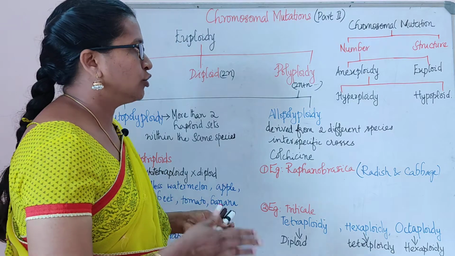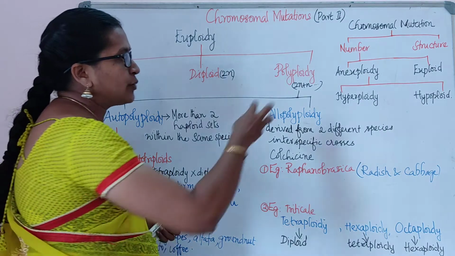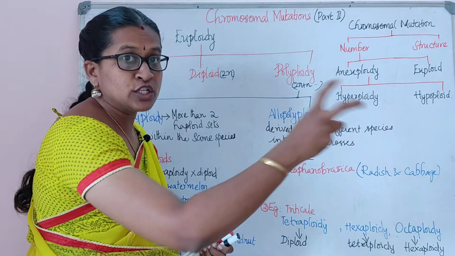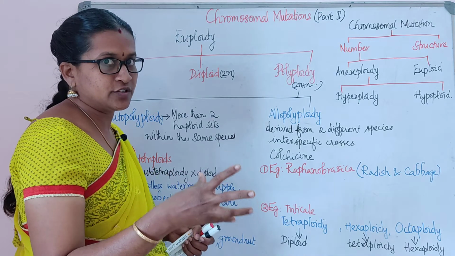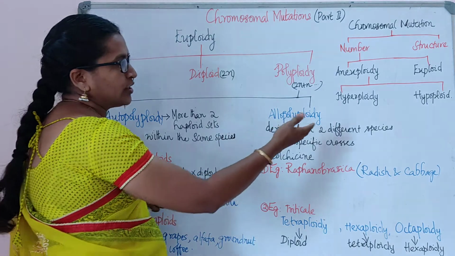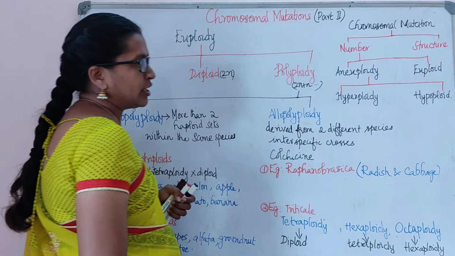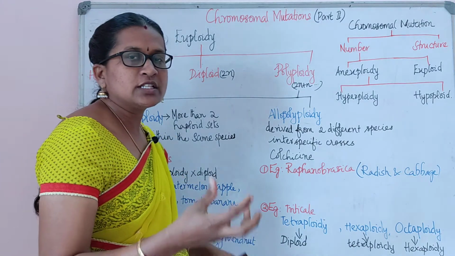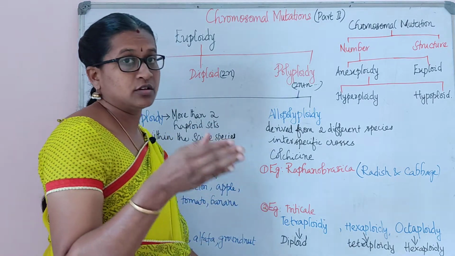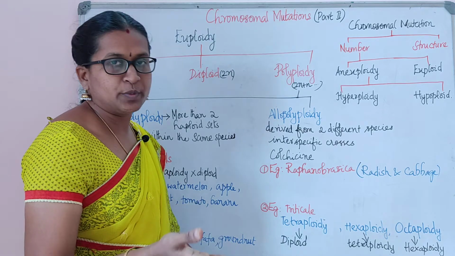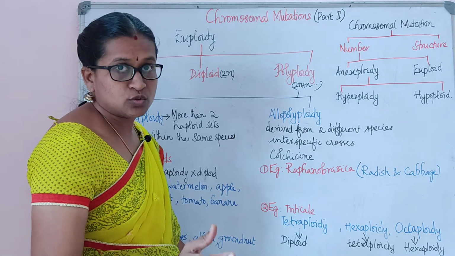So what is euploidy? In aneuploidy we used to say trisomy. You should get the difference with that, okay? Aneuploidy is divided into hyper and hypoploidy, where we used to say trisomy, monosomy, tetrasomy, pentasomy.